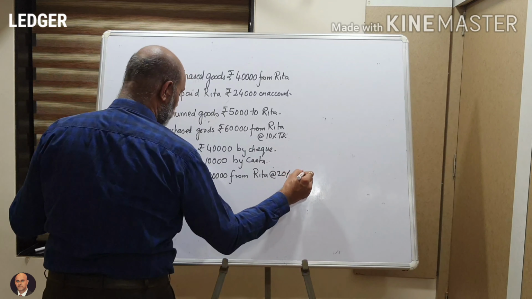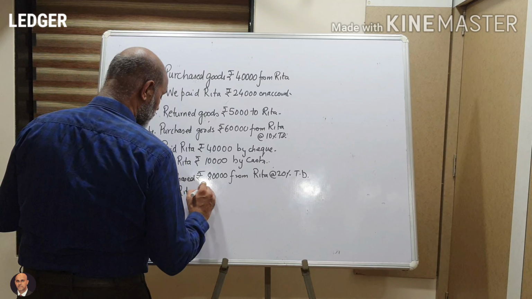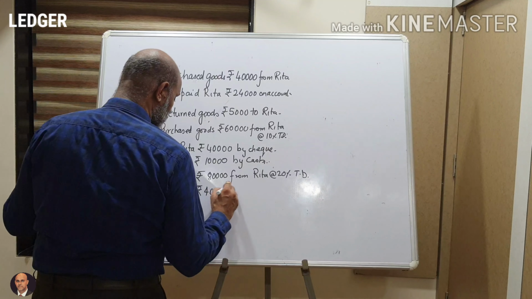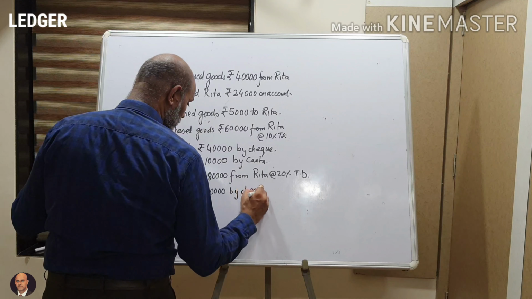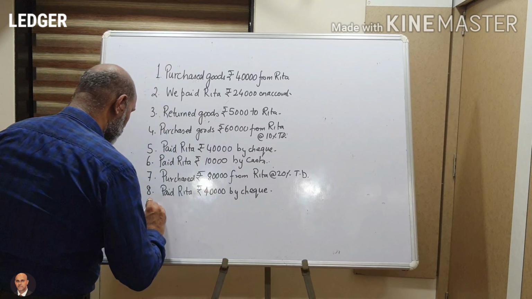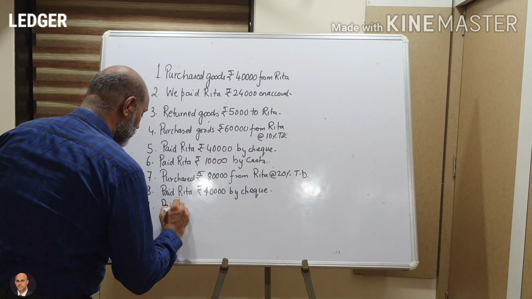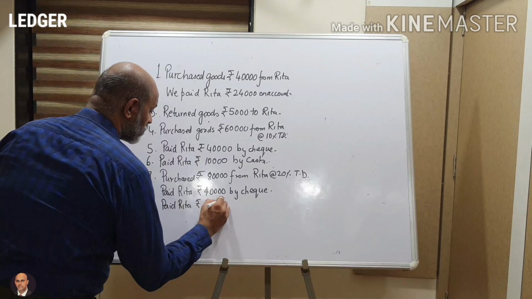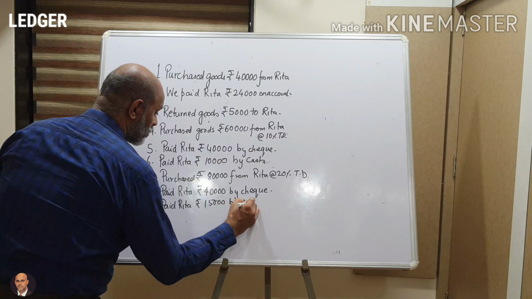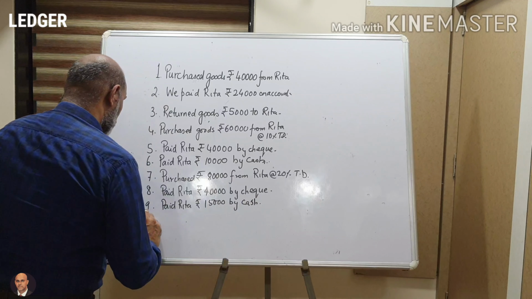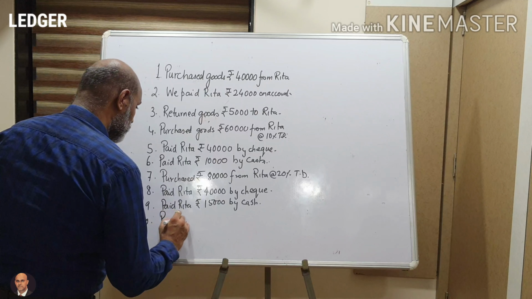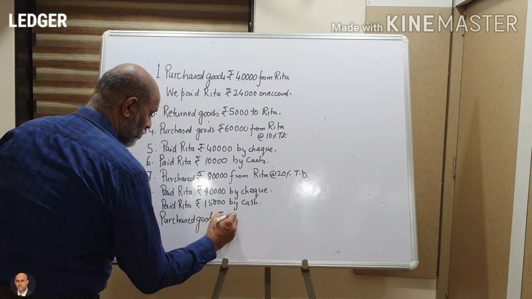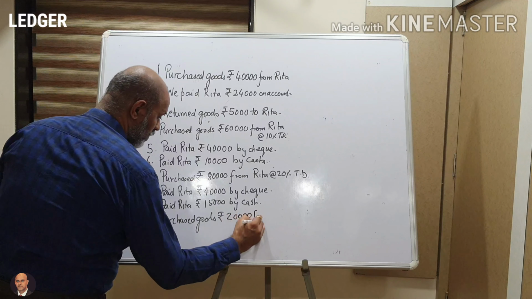Paid Rita rupees 40,000 by check. Paid Rita rupees 15,000 by cash. Purchase goods rupees 20,000 from Rita.